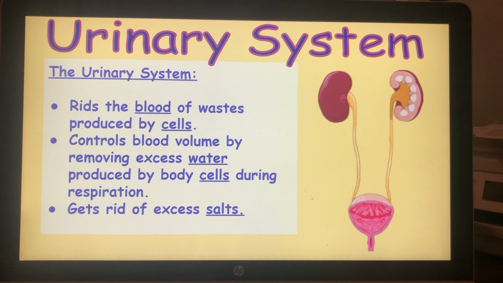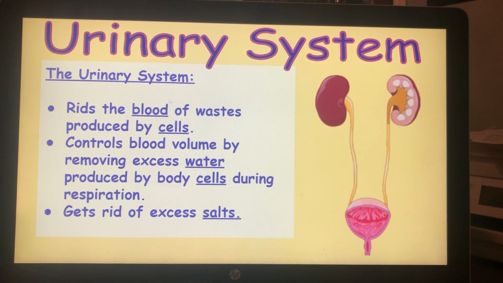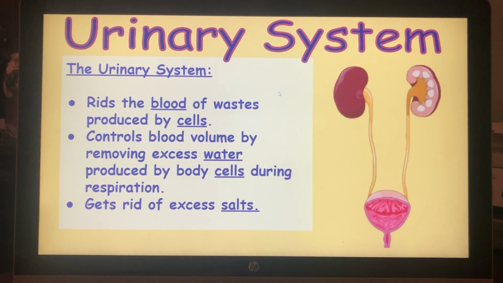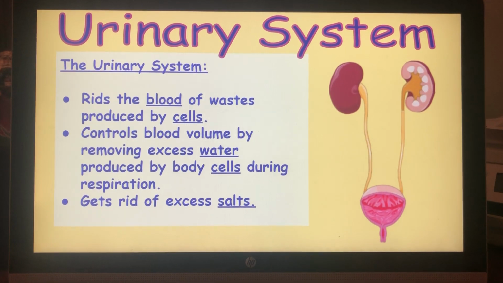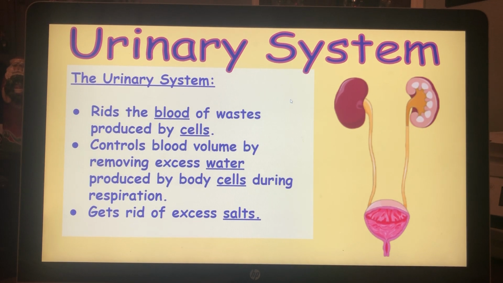Okay, so focusing in more on the urinary system. The urinary system rids the blood of waste produced by cells. It controls blood volume by removing excess water produced by body cells during respiration. And it gets rid of excess salts.